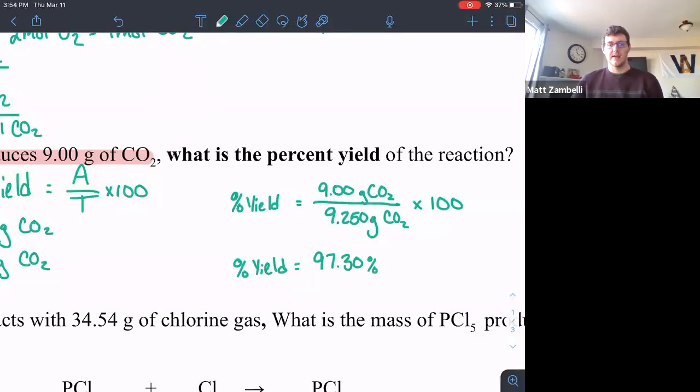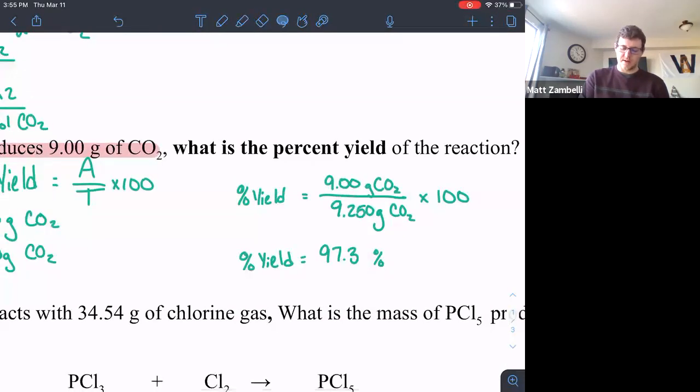I like it. All right. One thing I do want to say is because of our actual yield now, our significant figures do change. So this one's actually just going to have 3 sig figs, but this is perfect. Other than that, it's awesome, wonderful, amazing. So we have our percent yield.